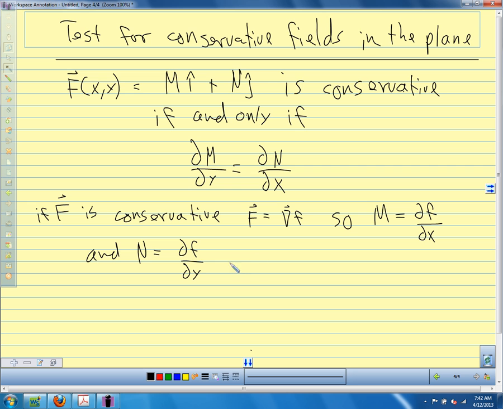And for my mixed partials, I'm going to use different terminology. So f_xy is dM/dy, and f_yx is dN/dx. And our mixed partials are equal.